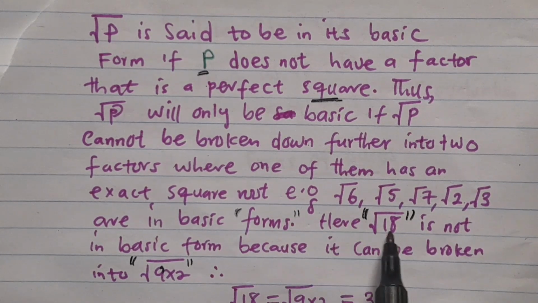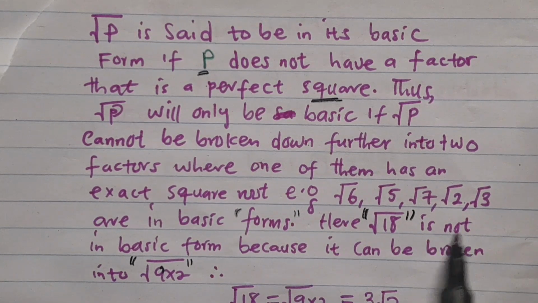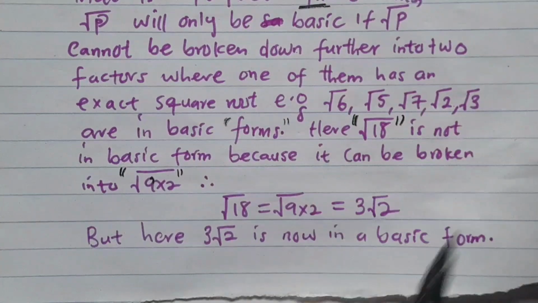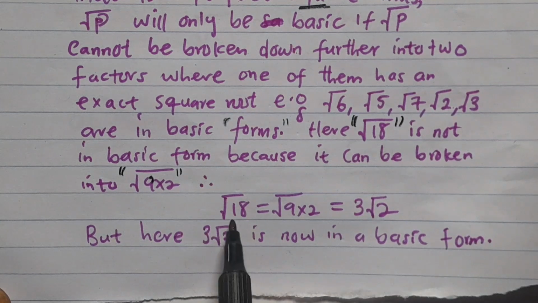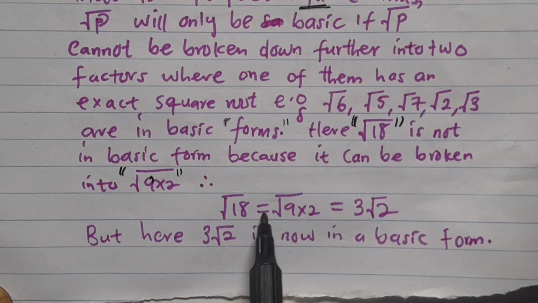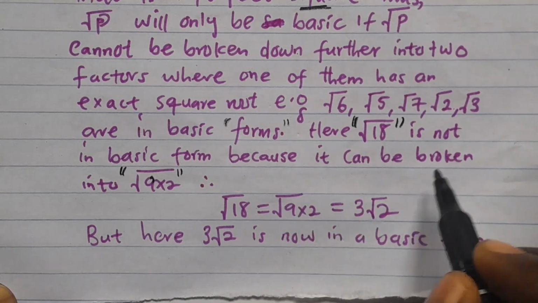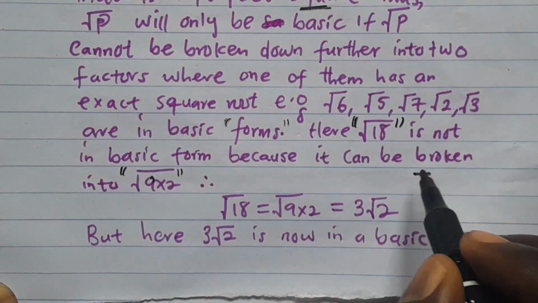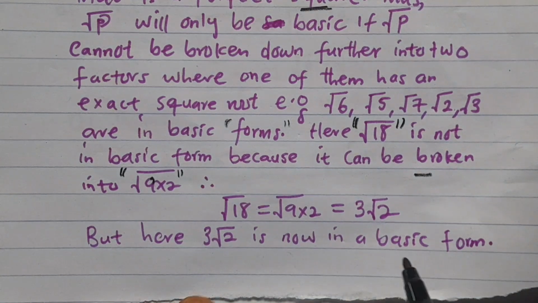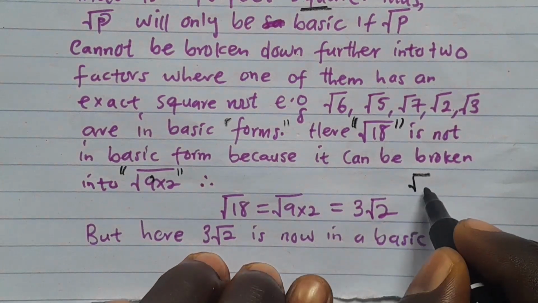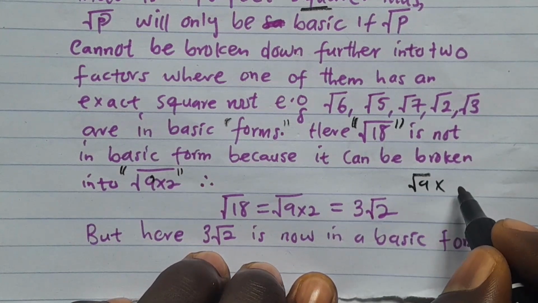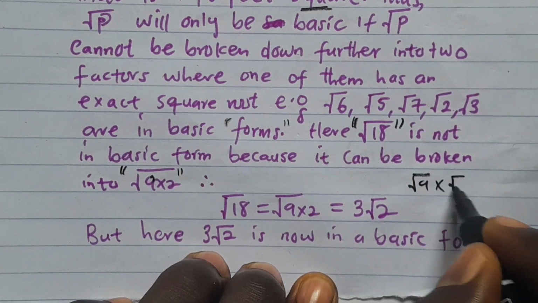Here, the square root of 18 is not in basic form because it can be broken down into square root of 9 multiplied by 2. Take note that the square root of 18 equals the square root of 9 multiplied by the square root of 2.